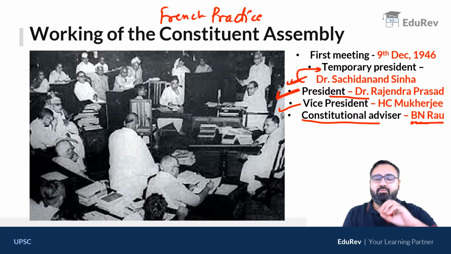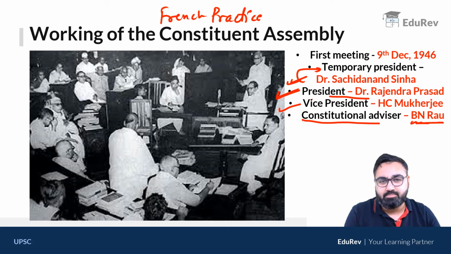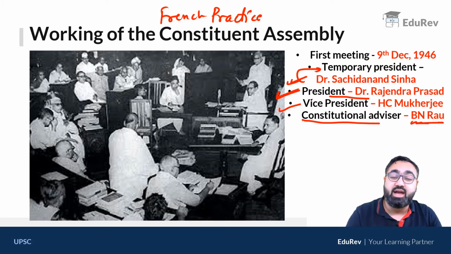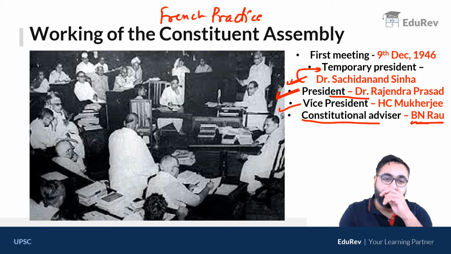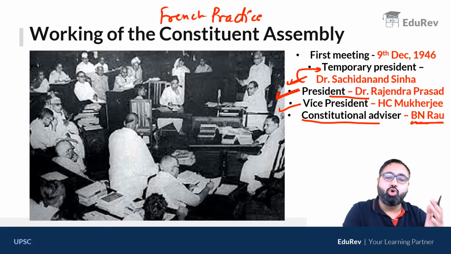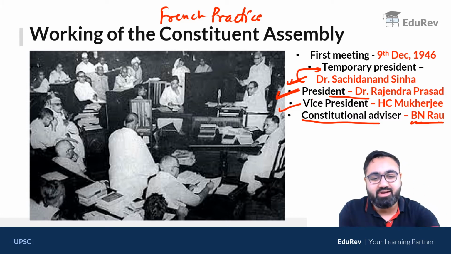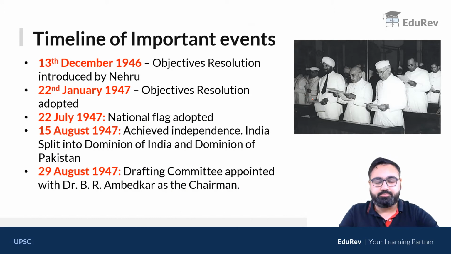Now, he was a very well-renowned judge of that time. In fact, he even represented India in the International Court of Justice, a UN court that we have today. He also served in that court. So, he was made the constitutional advisor to advise the Constituent Assembly on how to make laws and how to go about everything.